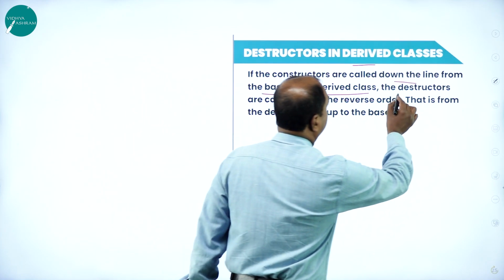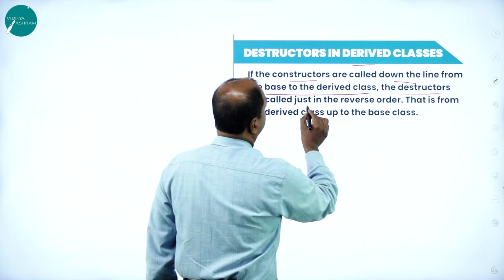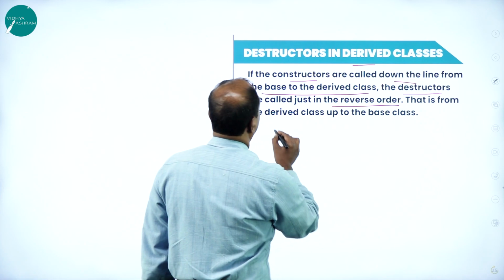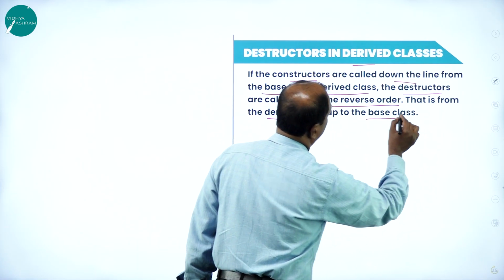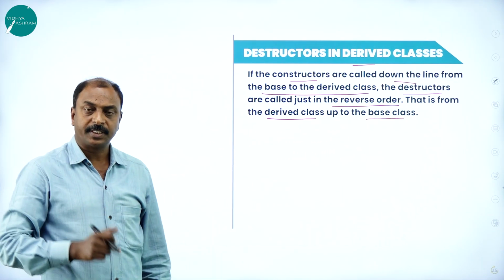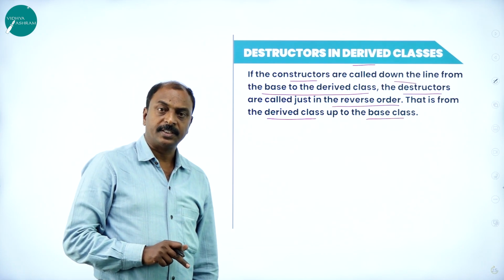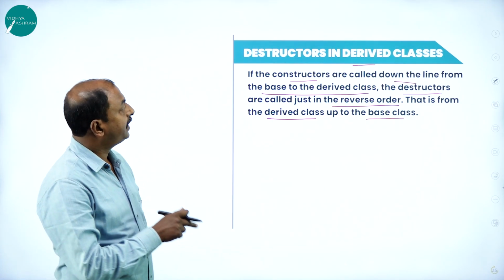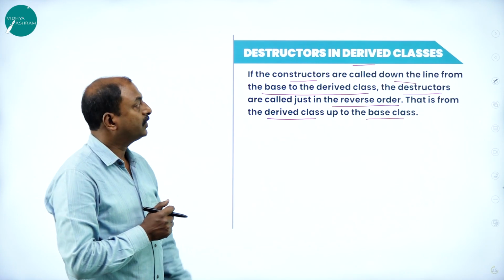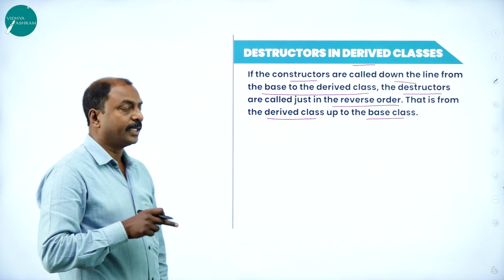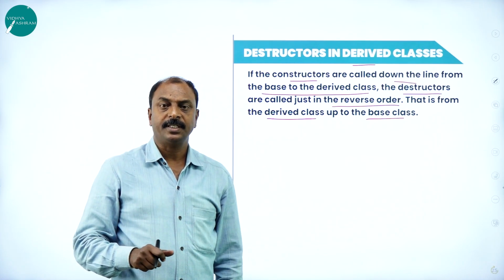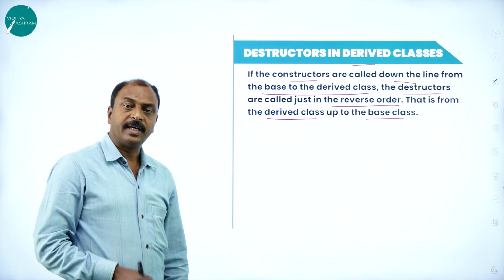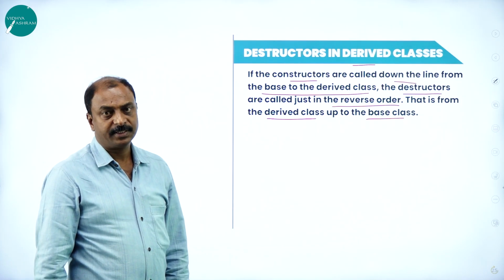But the destructors are called in the reverse order, that is from the derived class up to the base class. So when we call destructors, we call the destructors of the derived class, then up to the base class. That is how we call constructors and destructors in base classes as well as in derived classes.